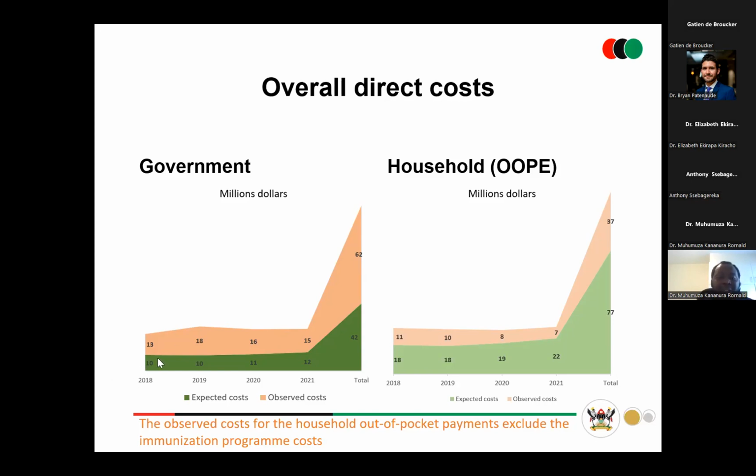But if you look at the years from 2018 to 2021, we see a reduction in costs. The same applies to the household. What we observe is less than what we should be expecting, meaning that on the side of the household, in terms of out of pocket expenditure, there is some saving.